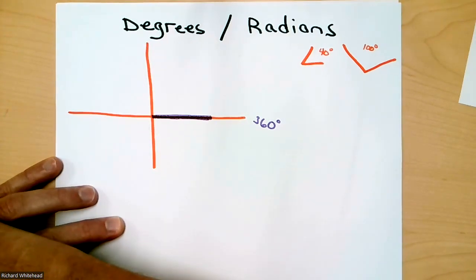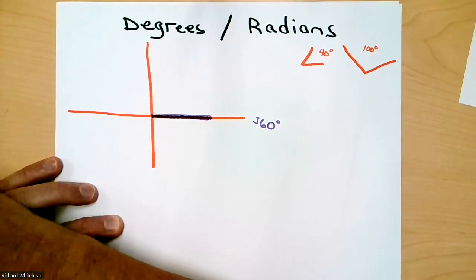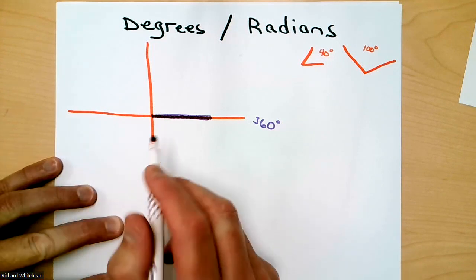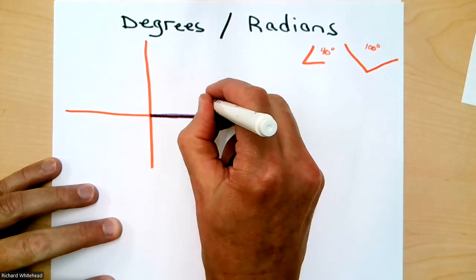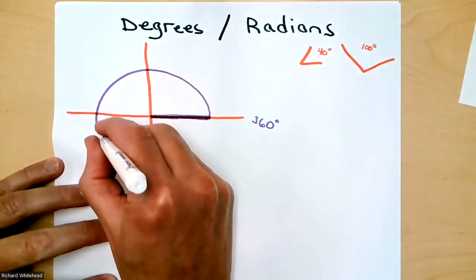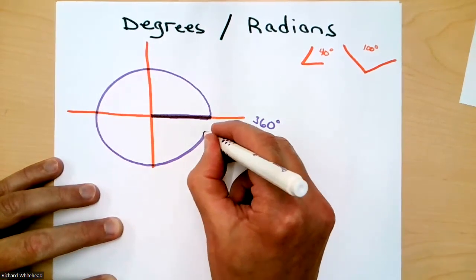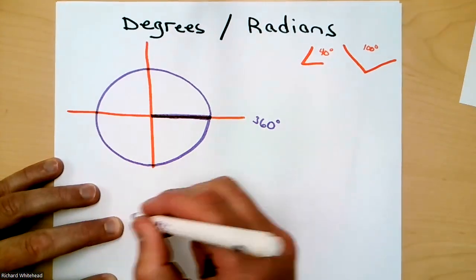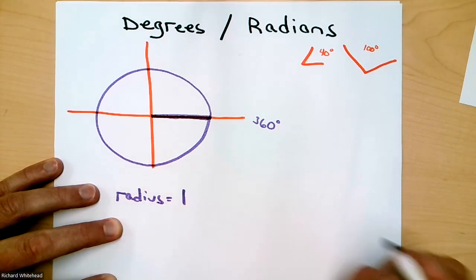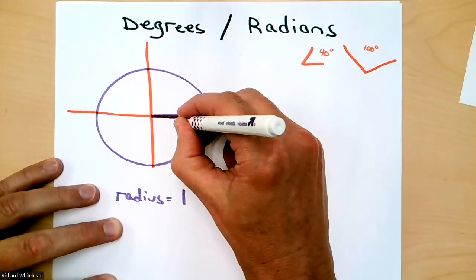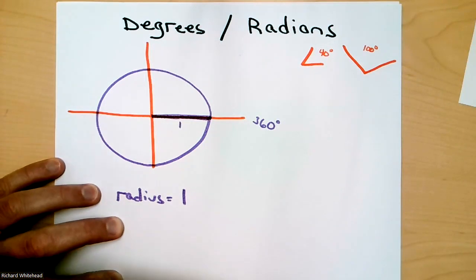So here's what was decided we would do. We're going to make a circle, and pretend this is perfect, like all my drawings. And we're going to standardize it so that the radius is always 1 unit. So 1 centimeter, 1 mile, whatever.